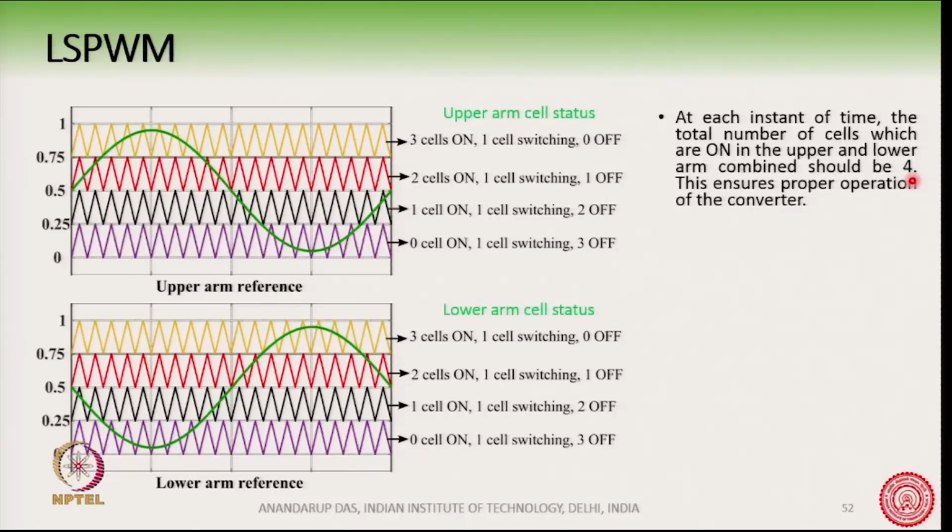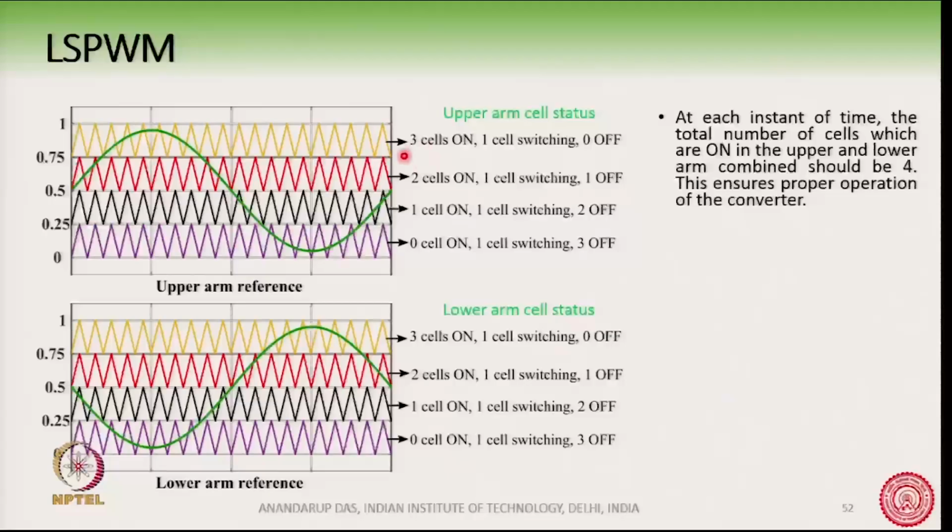You can violate this condition, but then suppose the DC bus voltage is VDC and the total leg voltage is not VDC, then you will see that the circulating current magnitude drastically goes up. So, for the proper operation of the converter, we have to ensure that the total number of cells in the upper and lower arm combined, or in the leg, is always equal to n, or 4 in this case.